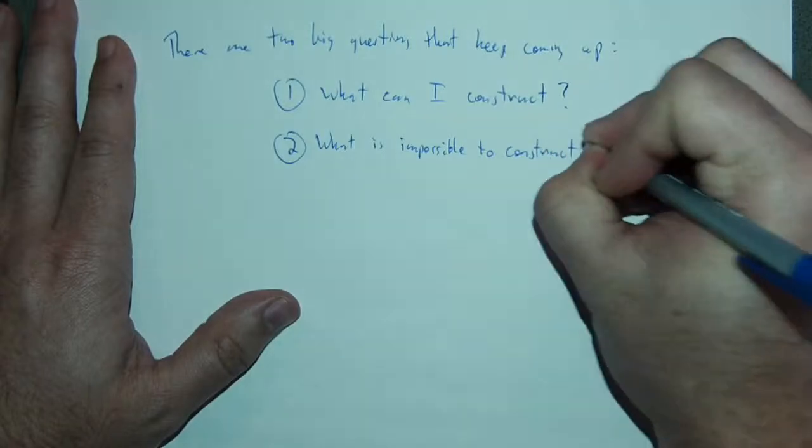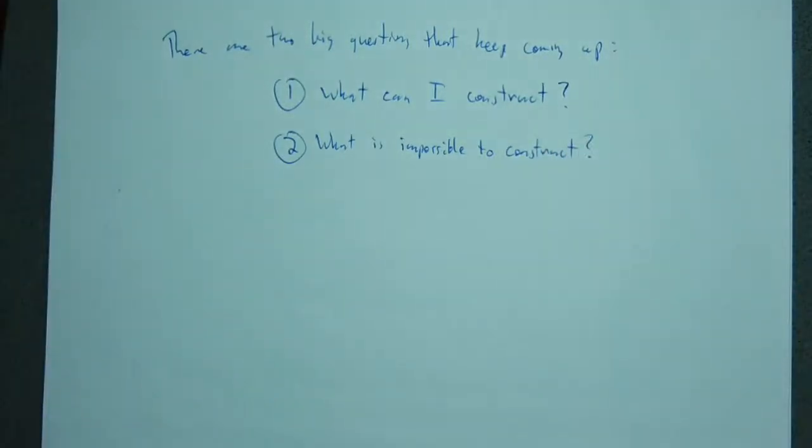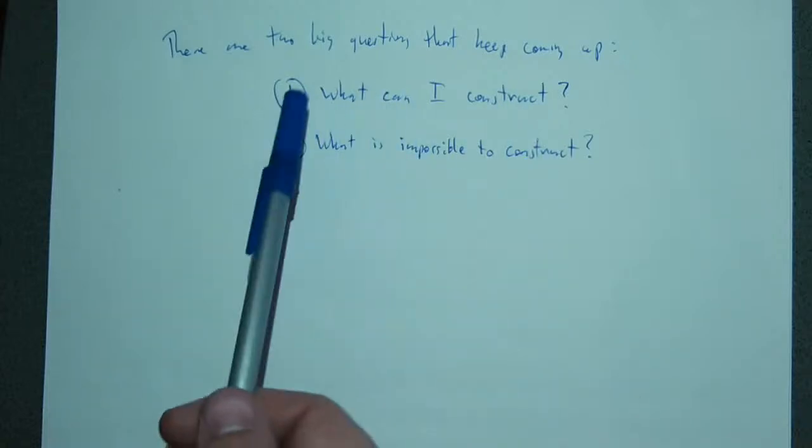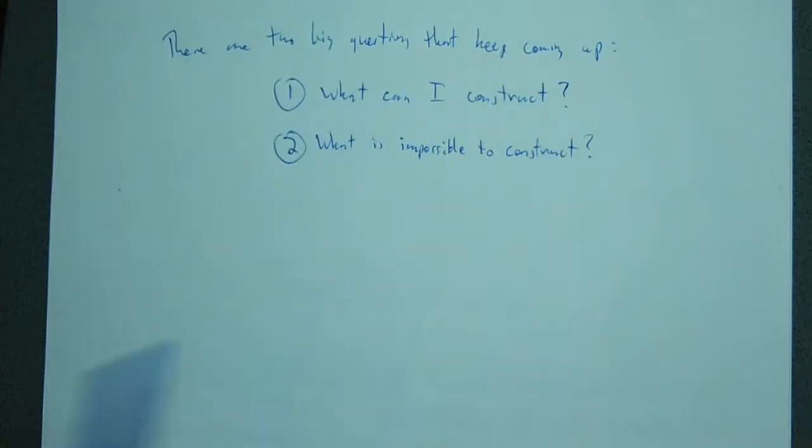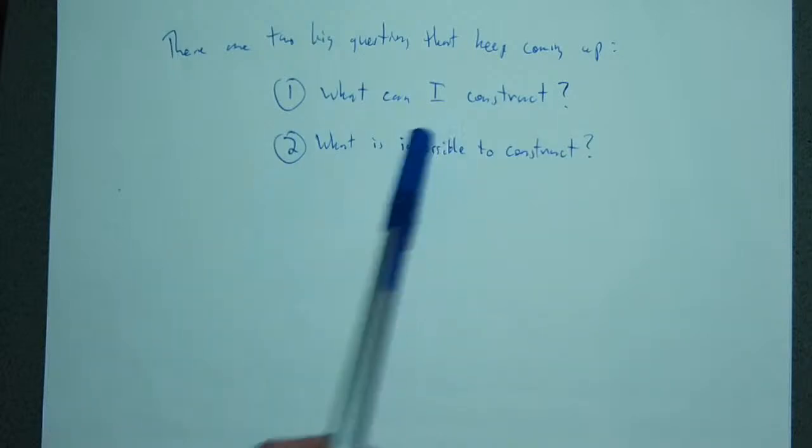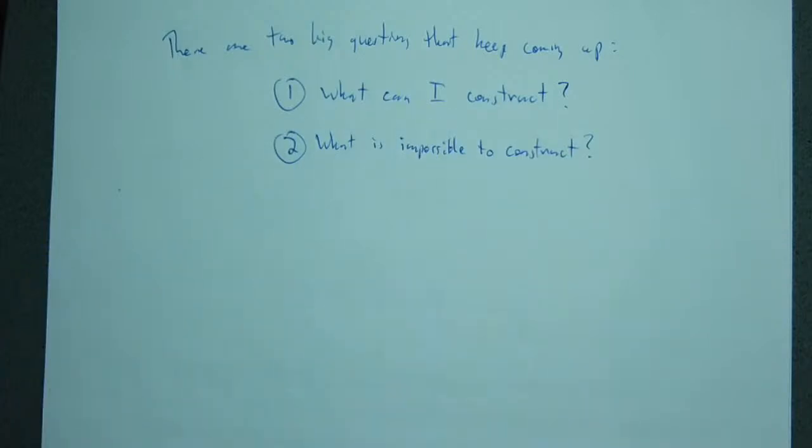Now you might not think up question 2 on your own, or you might think of question 2 as being related to this, since if you can 100% answer what can you construct, maybe you consider as part of that answer the questions of what you can't construct, right? Basically, if the answer to what can I construct is not everything, then clearly there are some things that it is impossible to construct with compass and straight edge.